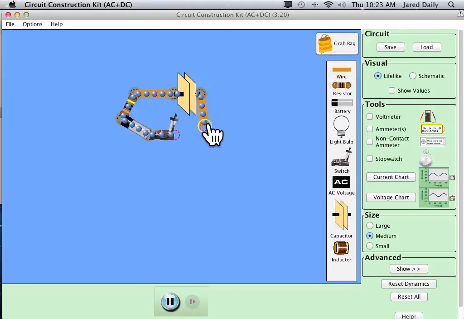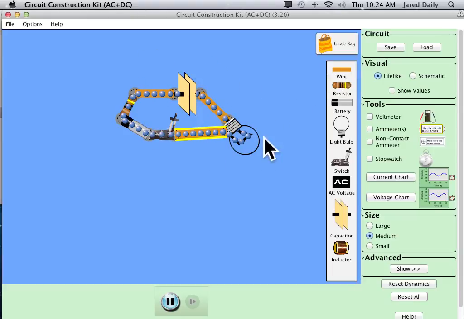Let's delete that. Then I'm going to put in a light bulb right here somewhere. And then I'll put another wire right here.